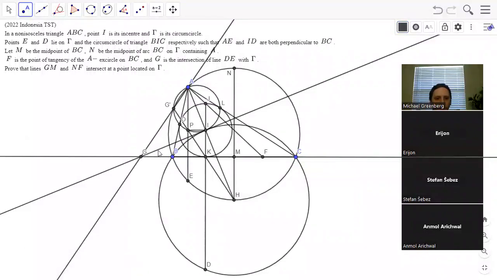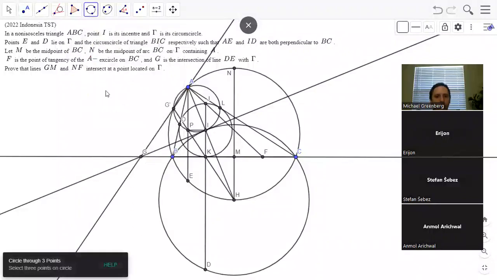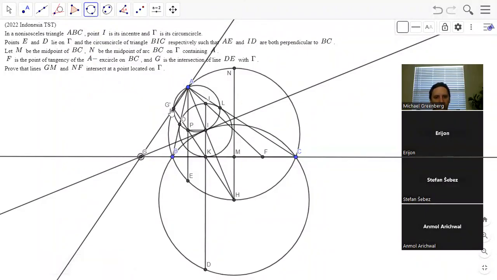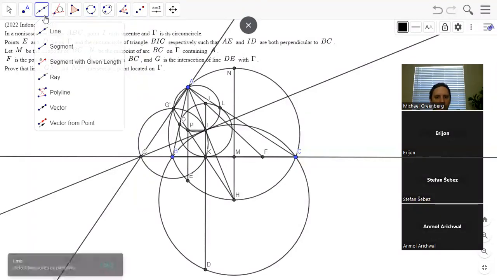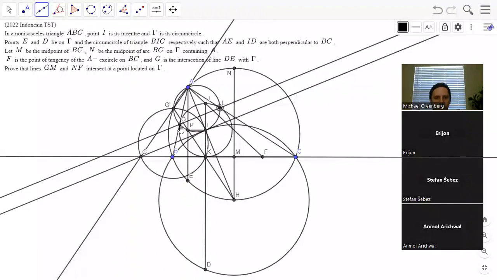So this is a cyclic quad. And I wonder if we draw that. I think, yeah, these are parallel.